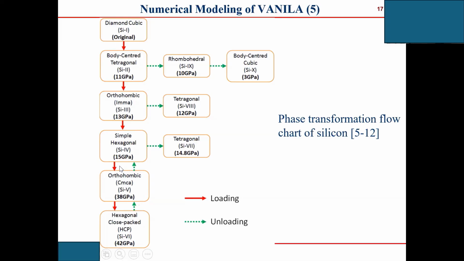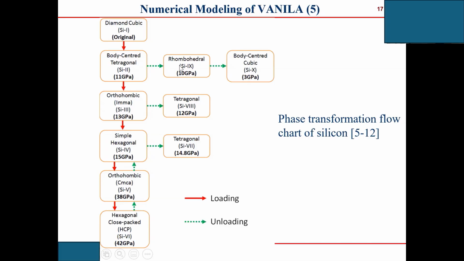Sometimes we have this arrow going down. The arrow going down means the transformation direction. The arrow going up means that for silicon 6, if you reduce the pressure, you can get silicon 4, silicon 5. The same thing here: if you reduce the pressure, you can get silicon 4. And this one is silicon 2.